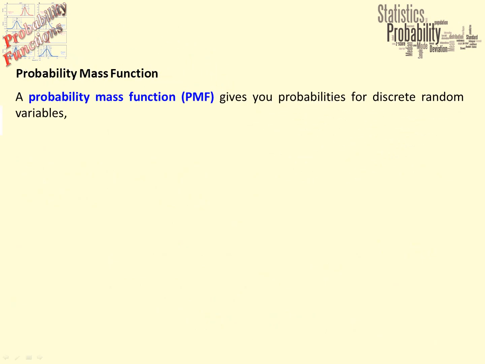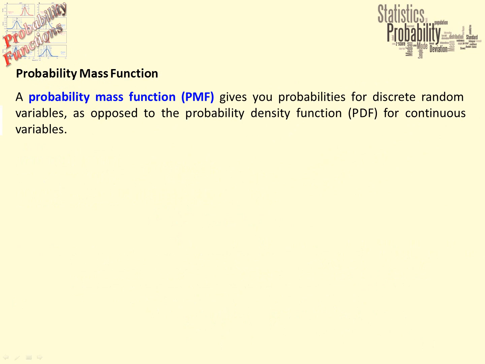Probability mass function, the PMF, gives you probabilities for discrete random variables. So it's a function, as opposed to the probability density function, the PDF, for continuous variables. Continuous variables are things such as mass, people's mass, because if I said to you, how many different masses are there between, let's say, 60 kilograms and 70, you could not give it, because they're decimal places, all sorts of things.